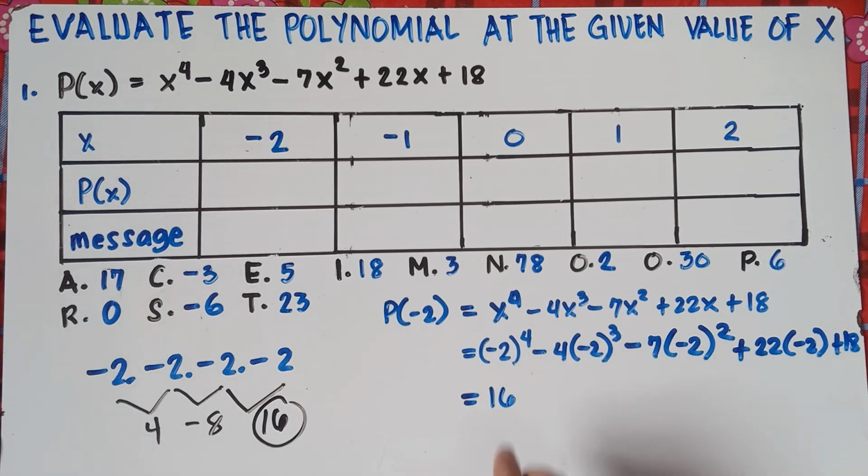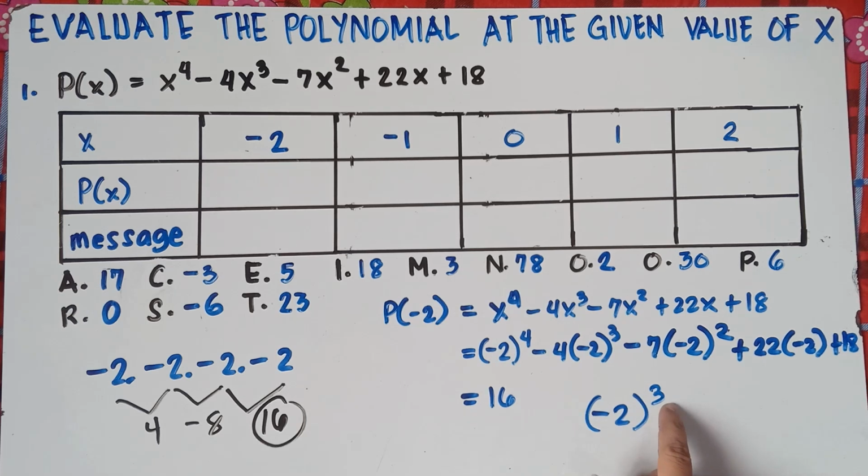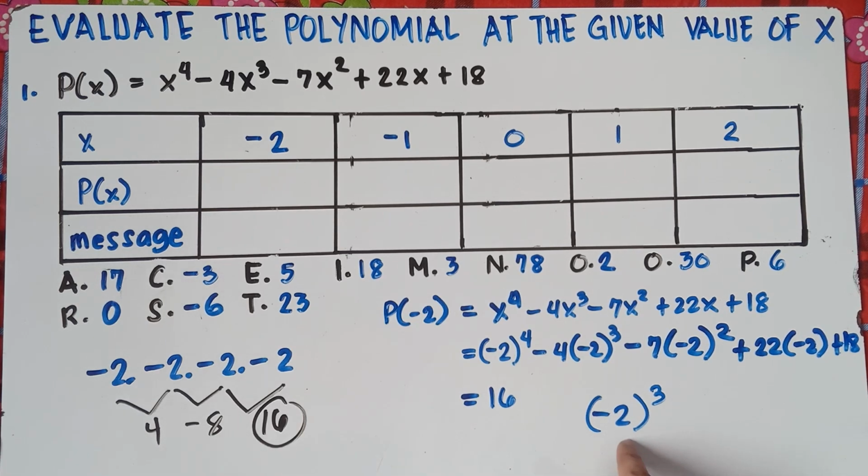Once again, class, if negative 2 is raised to the power of an even number, your answer is always positive. Now, what if a negative number is raised to the power of an odd number? For example, negative 2 raised to the power of 3. 3 is an odd number, so your answer will be negative. If it's an even number, your answer will be positive. Let's try, class: negative 2 raised to the power of 3.